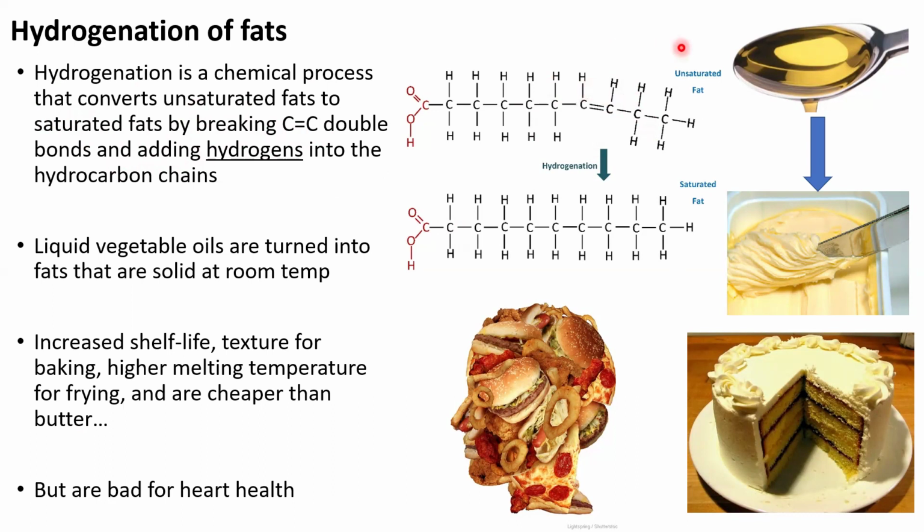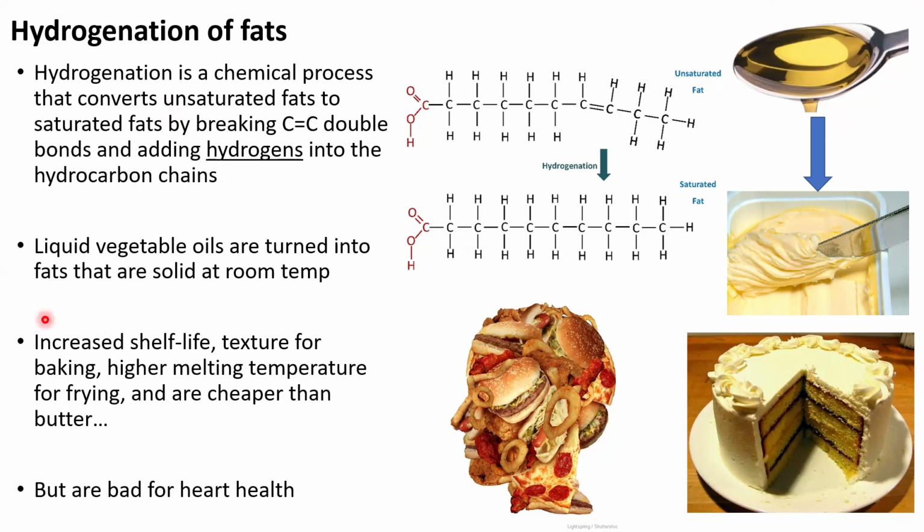So if we put more hydrogens into this, it will become more solid. So liquid oils like vegetable oils can turn into fats that are solid at room temp.